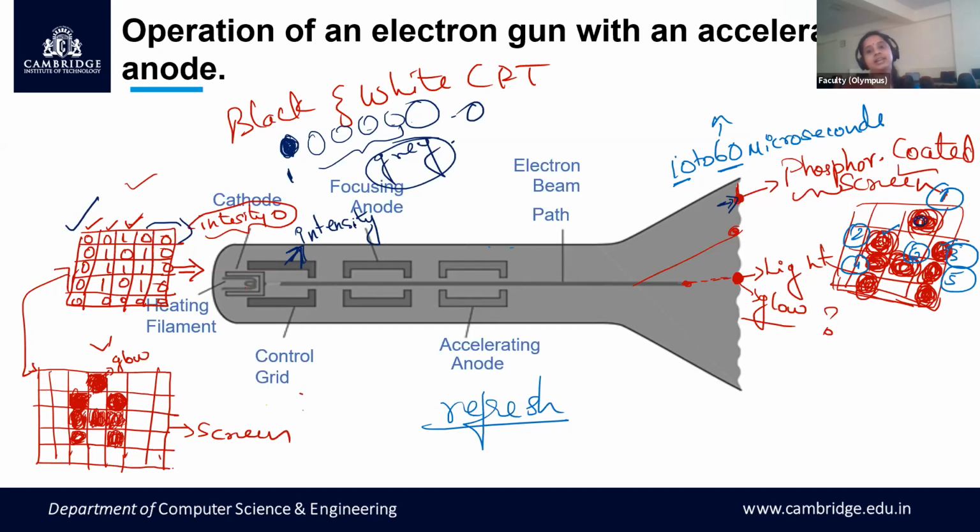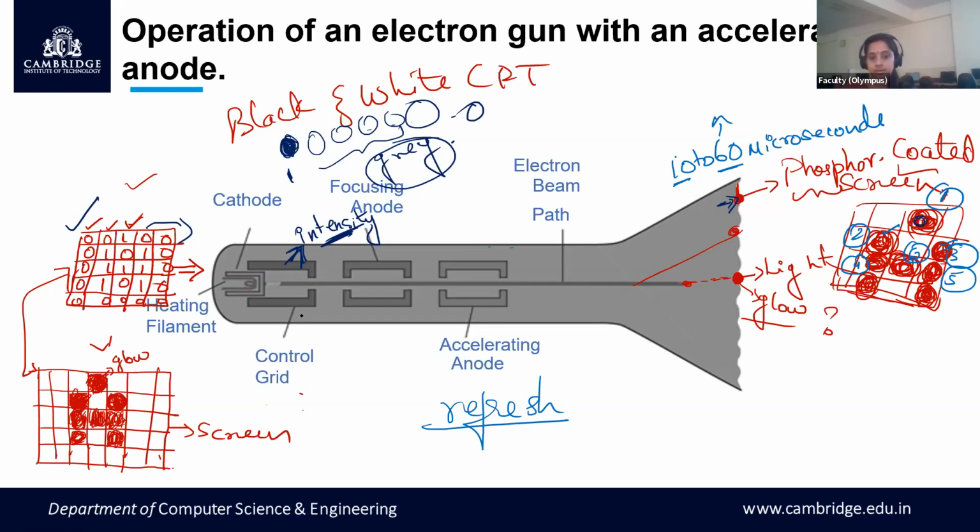What is it saying about control grid intensity? Okay, control grid intensity. How does it change?